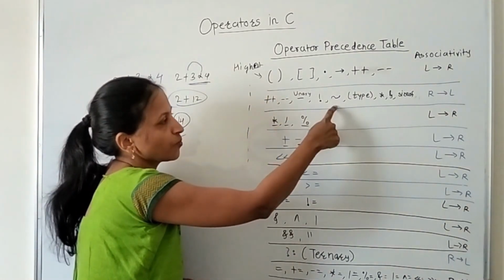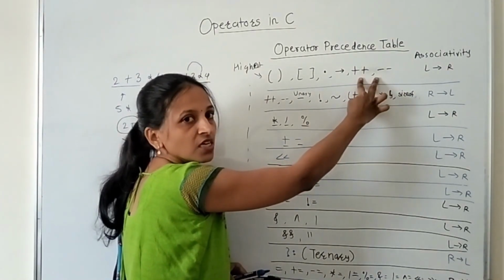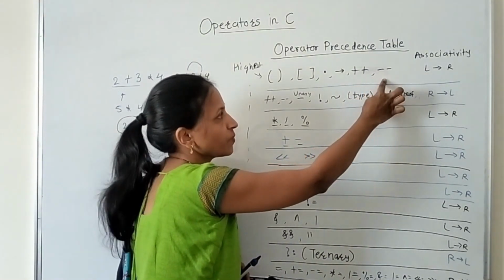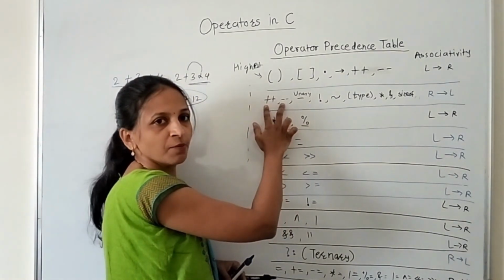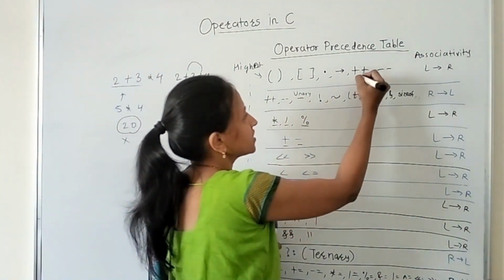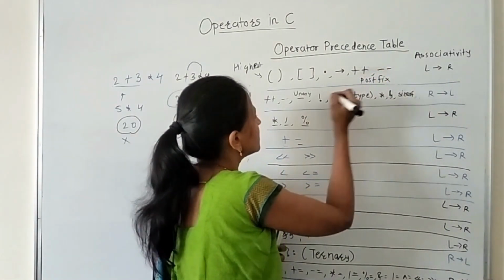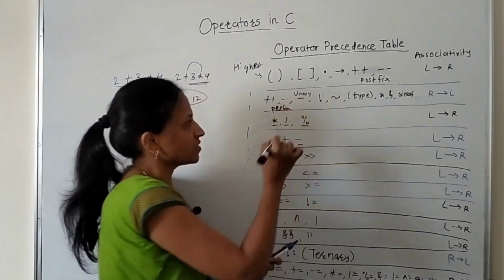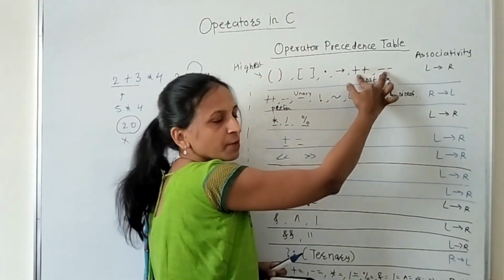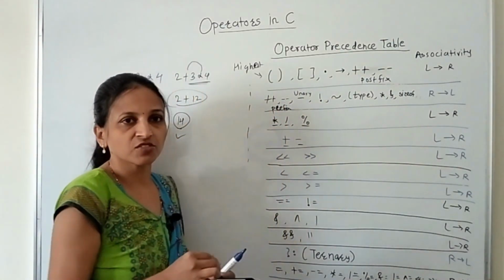Then these unary operators, the increment and decrement operators. Here again I have written plus and minus, but actually these two are different. This one is postfix increment and decrement, and these are the prefix operators. Postfix increment and decrement operators have higher priority than the prefix ones.